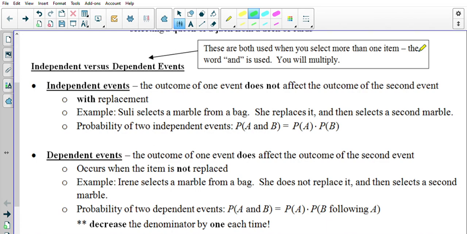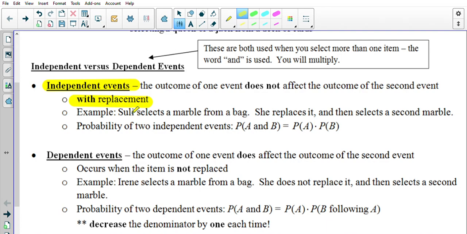So let's talk a little bit about independent events to start. Independent means the outcome of one event does not affect the outcome of the second event. You're often going to see the phrase with replacement, meaning I replace the item or the marble. For example, Suli selects a marble from a bag, she replaces it and then selects a second marble.